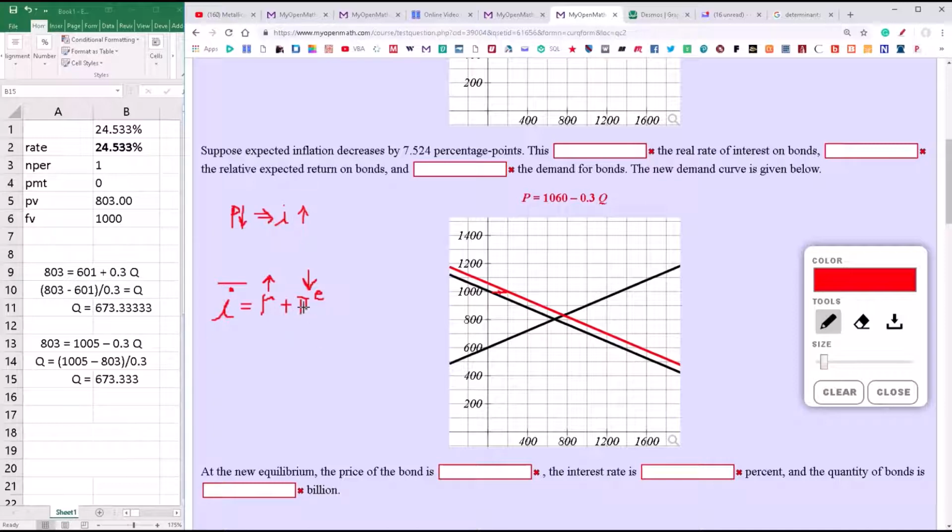So if this goes down by 2, that's got to go up by 2 in order to keep this constant, right? So the real cost of borrowing is increasing.